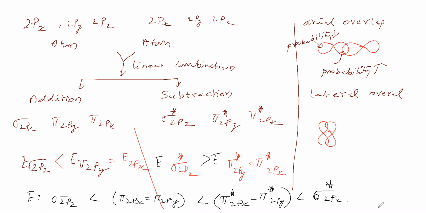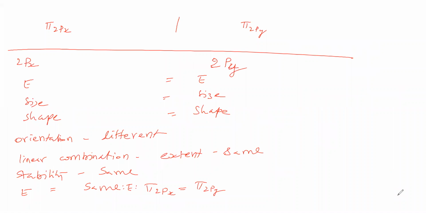Now we will give the overall order. The 1s atomic orbitals on linear combination give sigma 1s and sigma star 1s. The 2s atomic orbitals on linear combination give sigma 2s and sigma star 2s. Then the 2p orbitals: 2pz atomic orbitals on linear combination give sigma 2pz and sigma star 2pz.